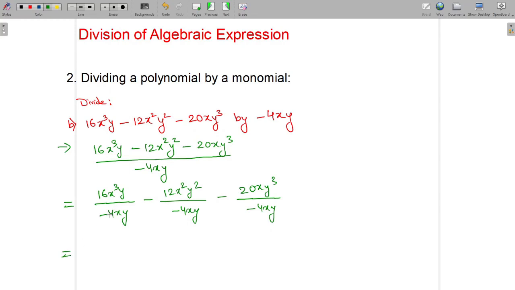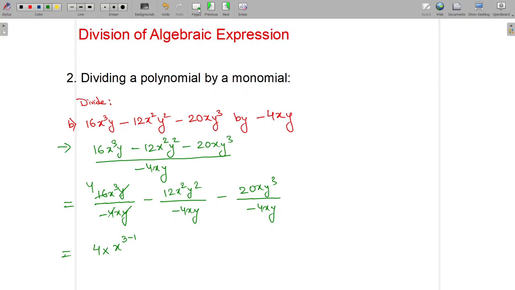Okay, now we'll divide the numbers. 4 4s are 16 into, so see, x cube divided by x, so the power will get subtracted. In the numerator the power is 3, in the denominator x has power 1, so 3 minus 1 into y, they're equal, so they will get cancelled.